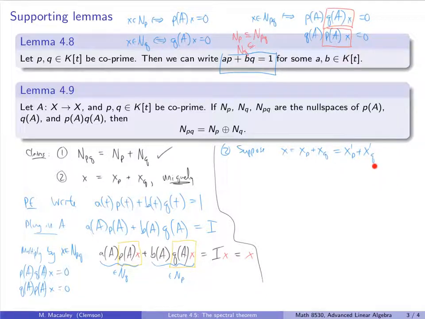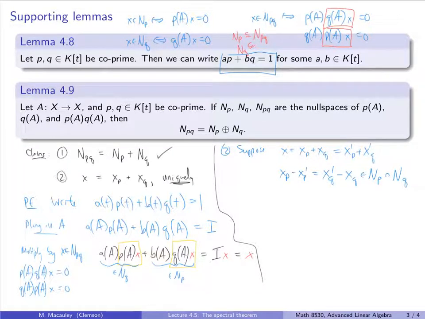So we'll take this and we'll move both the x_p's to the left, same side, and the x_q's to the other side. So in other words, we get x_p minus x'_p equals x'_q minus x_q. Now because these are subspaces, this is in N_P and in N_Q.